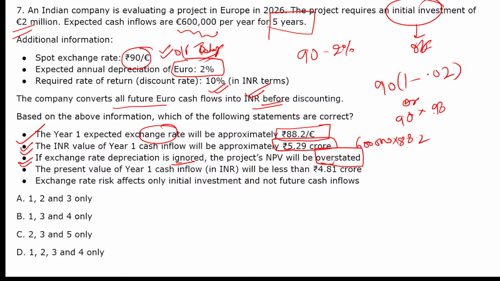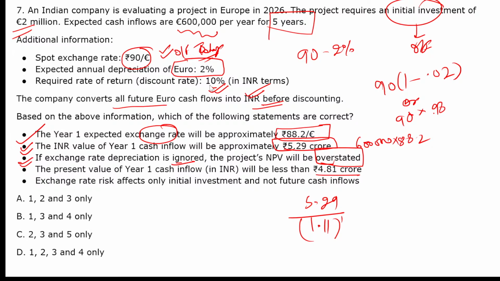The present value will be less than 4.81. Let's calculate the present value. 5.29 divided by 1.10 for the first year, because 10% is the discount rate.